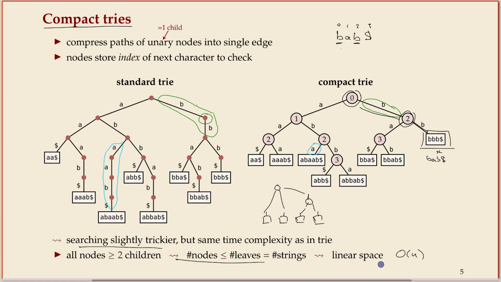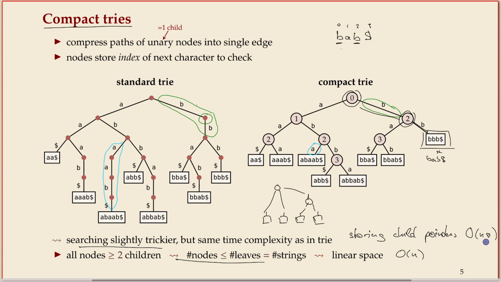But technically, for storing the child pointers, we get a contribution of n times sigma overall, where sigma is the size of the alphabet, because I might have that many child edges for each node. You can try to be clever on that, but for the general overview, that's enough.